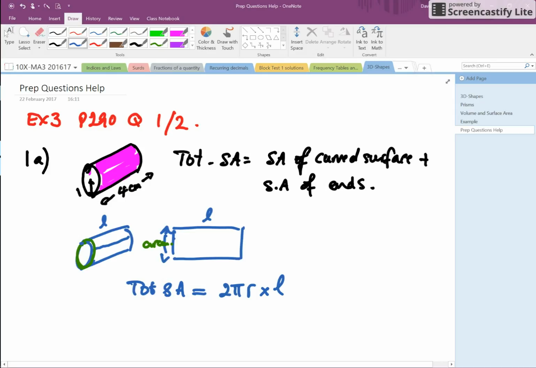Okay, so that's the curved surface area, plus the area of the ends. Well, one end is a circle of area pi r squared, and we've got two of those. Just to remember, this is the circumference, and this is the area of the circle.